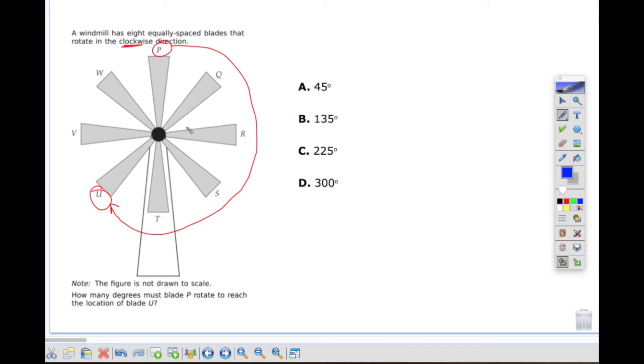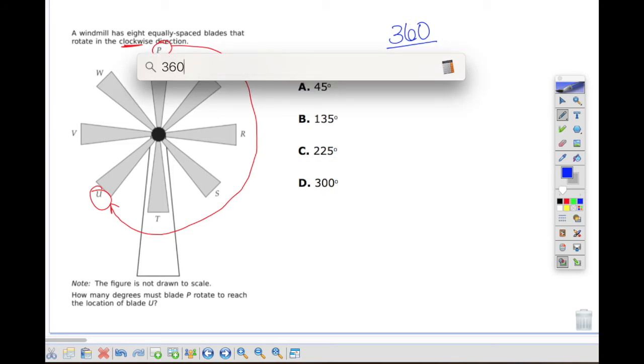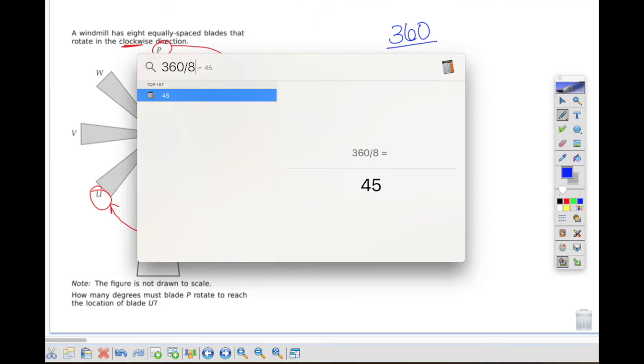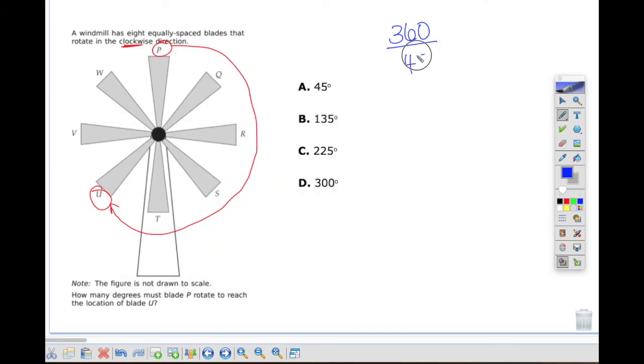To do that, we would want to take 360 and divide it by the number of sides. And what would that give us? We would need to do 360 divided by 8. So that tells me that every 45 degrees, these blades are basically 45 degrees apart.